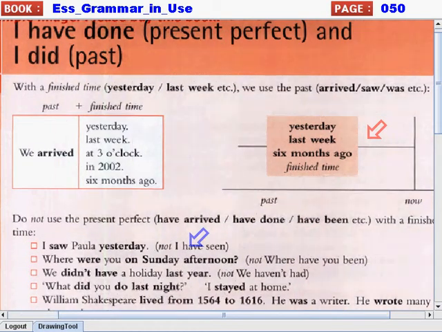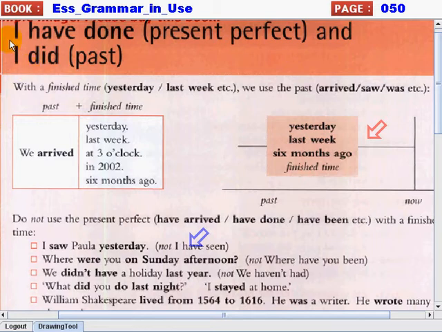In our previous videos, we learned that we use present perfect tense if the action has a connection to the present, right? And we use past or past simple to talk about an action or a situation or event in the past. The event can be short or long, but we use simple past tense. Alright?